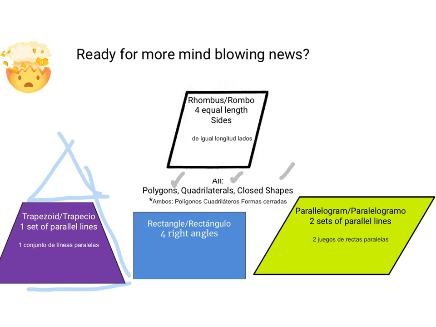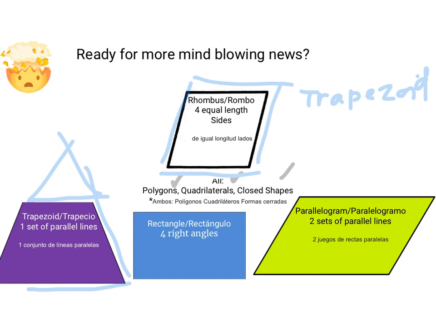So to be a trapezoid, you only have to have one set of parallel lines. So let's go ahead and look up here at our rhombus. Does our rhombus have one set of parallel lines? Well, right here, I see a set. I also see an additional set here. But because it has one set of parallel lines, that means a rhombus is a trapezoid. It's a type of trapezoid.